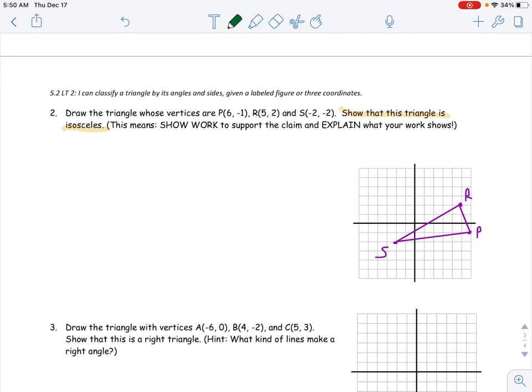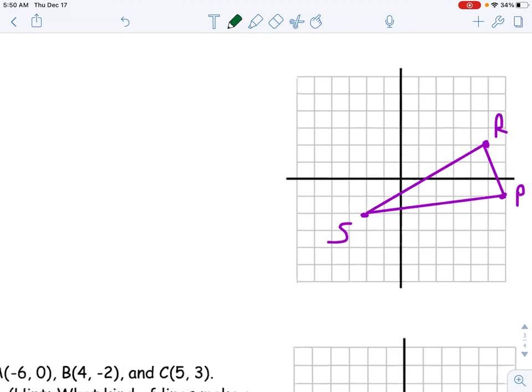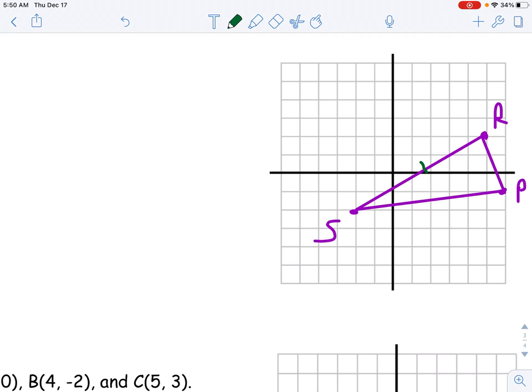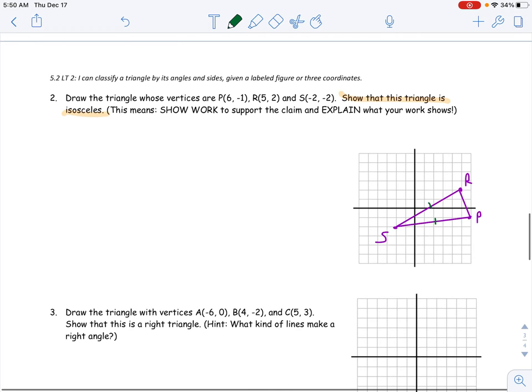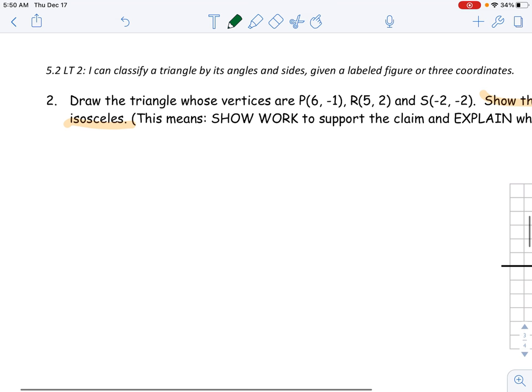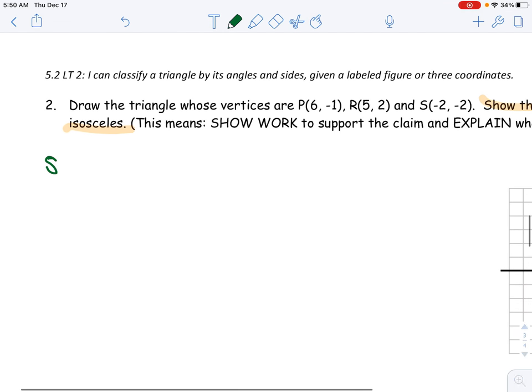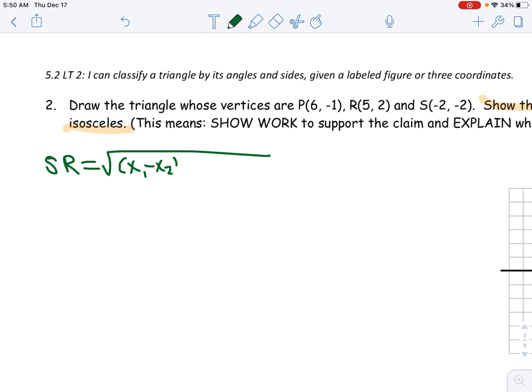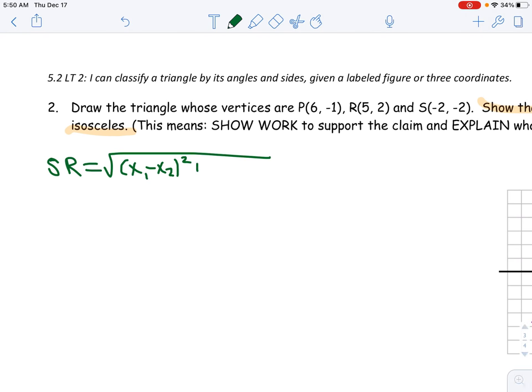Now, I'm going to cheat a little bit. I'm going to be suspicious. If it is an isosceles triangle, I'm under suspicion that SR and SP will be the congruent sides. So let's only look at those two sides. So remember the distance formula. To find the length of SR, it's the giant square root of x sub 1 minus x sub 2 squared plus y sub 1 minus y sub 2 squared.